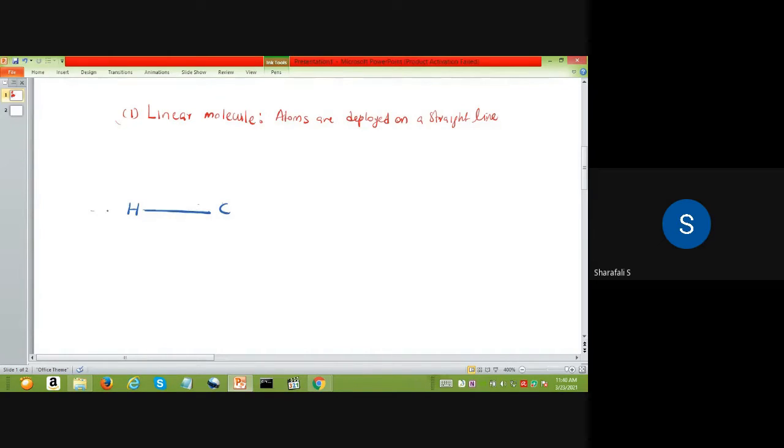So if you consider this particular line, their atoms will be in that line. That kind of molecule you can call a linear molecule by means of their representation.